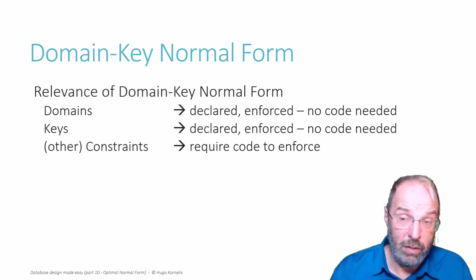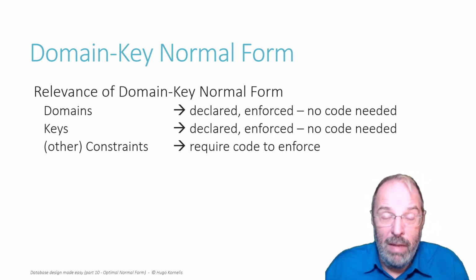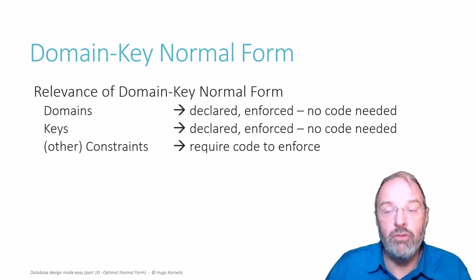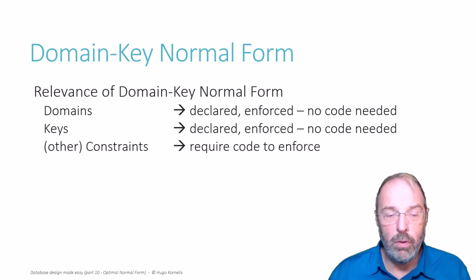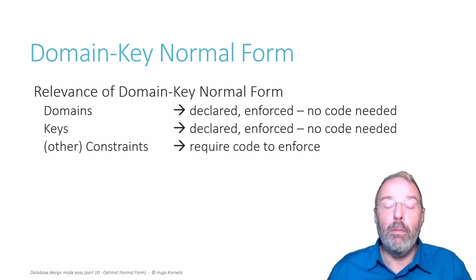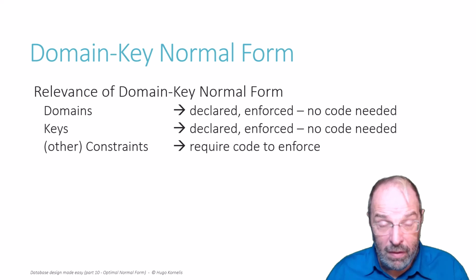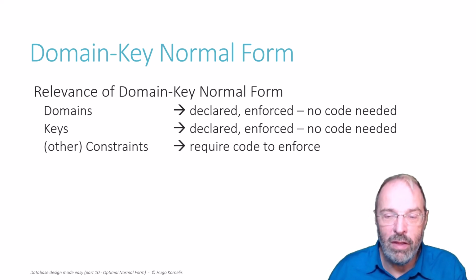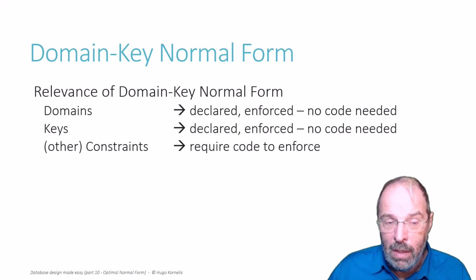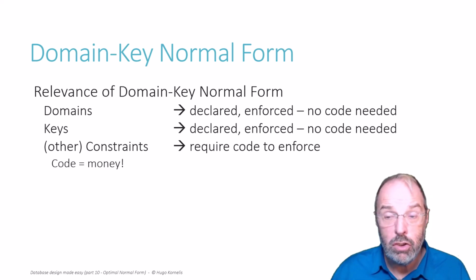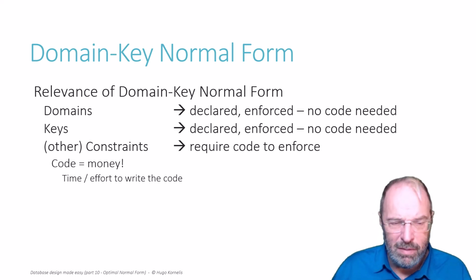It could be front-end code, or it could be back-end code if you use, for instance, a trigger in the database, or use stored procedures to do all your modifications. There are multiple places where you can have that code, but you need to write that code to enforce those constraints. And code equates to money, because writing code takes time, takes effort, and that costs the company money.